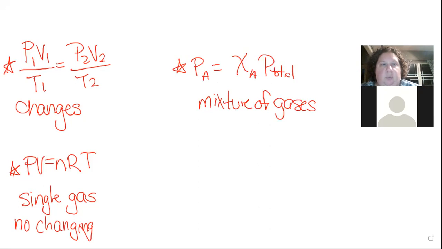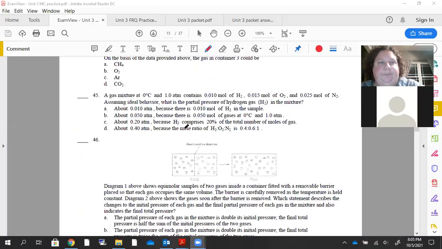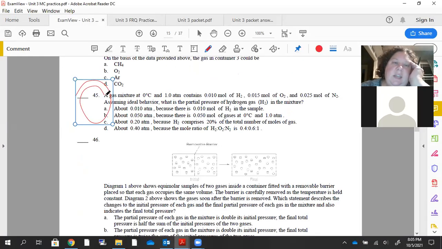I know there was a question like this on your Friday quiz last week, right? On the multiple choice, question number 45, can you see this? It says a gas mixture at 0 degrees Celsius and 1 atmosphere contains 0.01 moles of hydrogen, 0.015 moles of oxygen, and 0.025 moles of nitrogen.